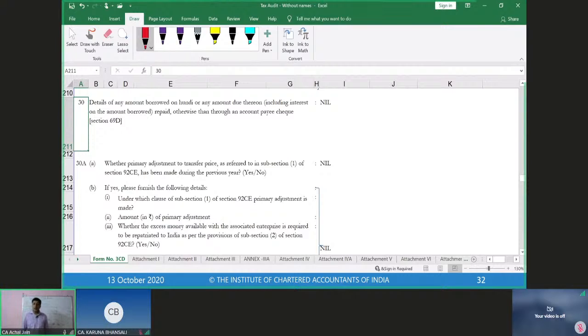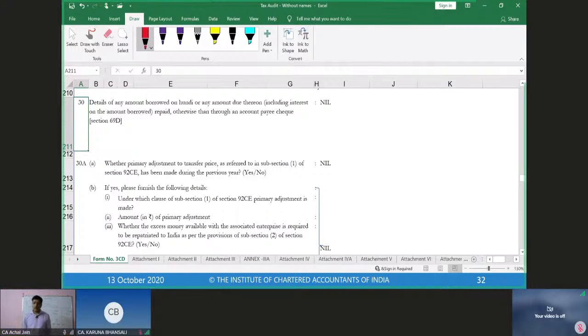Details of any amount borrowed on hundi or any amount due thereon, including interest on the amount borrowed, repaid otherwise than through an account payee cheque.